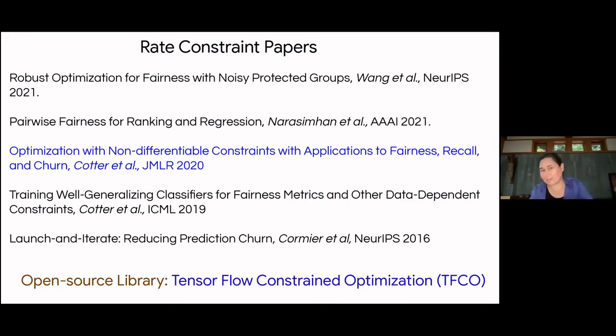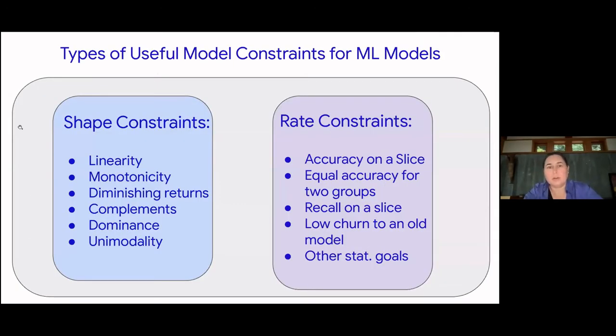And of course, there's a lot of related work computationally as well, so it covers a lot of that related work, some of which you might already know as well. And there is an open source library that we put out at Google for that, called TensorFlow Constraint Optimization. This one, I'm not sure if it's as perfectly well maintained. The TensorFlow Lattice for shape constraints is very well maintained. This one, maybe a little bit more research grade code.